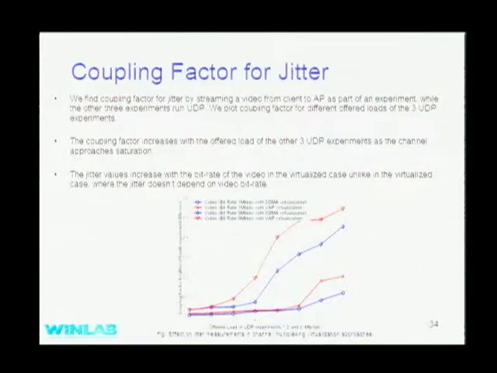So as far as I understand, the idea would be to be able to assess the condition for channel saturation before admitting a new experiment, right? No, I actually have 2 ways of doing that.